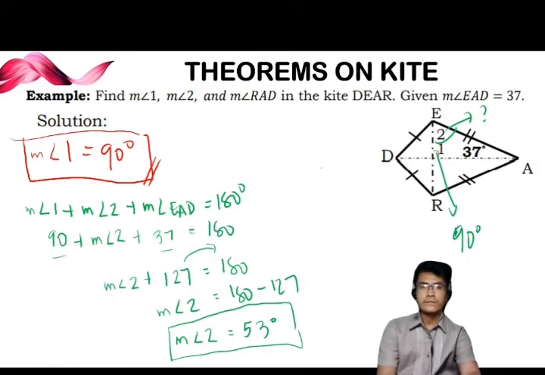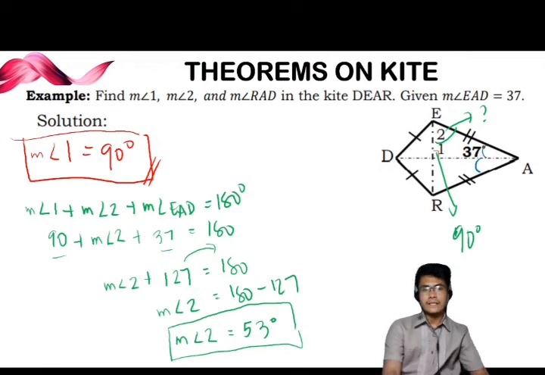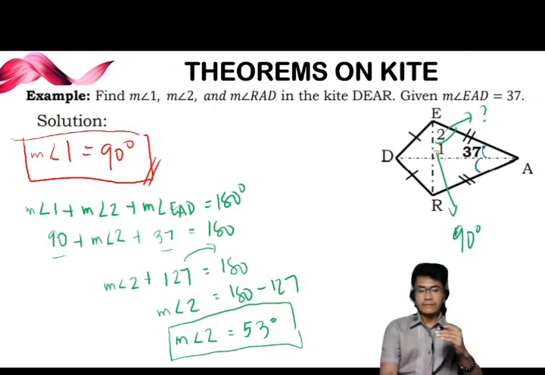Now, let's find the measure of angle rad. Where is the measure of angle rad? Angle rad is this. Ayan po. Kung titingnan nyo mabuti, class, angle rad and then the angle AAD are adjacent angles. And they form after silang tamaan ng diagonal DA. And diagonal DA bisects the angle, meaning to say, it divides the angle into two equal angles.